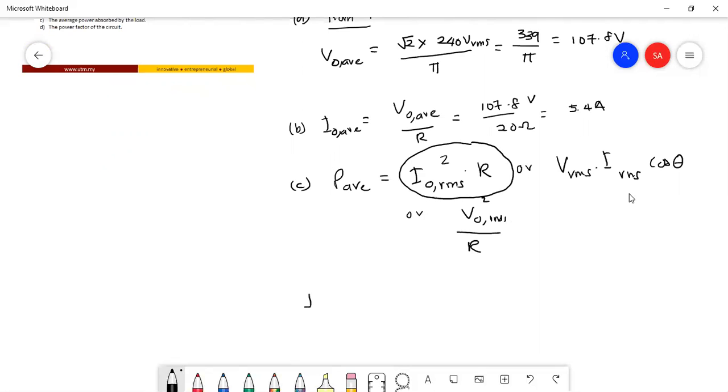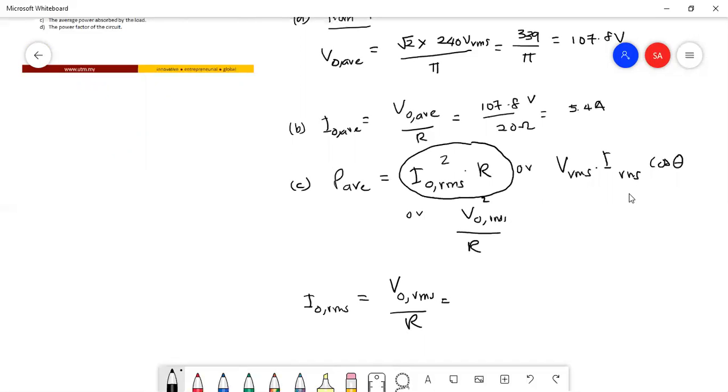To calculate I out RMS, because this is a resistive load, you can simply use Ohm's law to get the current.